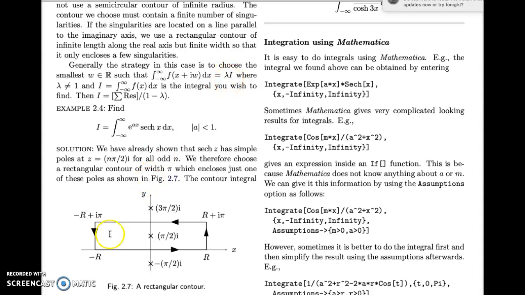If it's 1, then basically this integral here is going to be minus this integral here, and they'll add up and cancel. Okay, so let's see how this all works with an example.